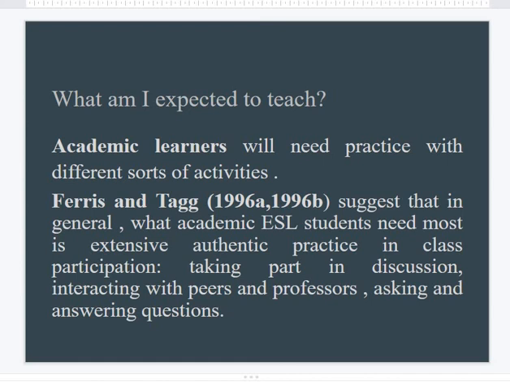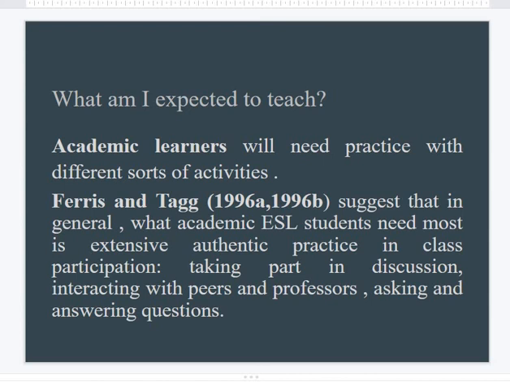According to Fries and Tag, in general, what academic ESL students need most is extensive, authentic practice in class participation. The more practice opportunities and activities you give your students, the more exposure you are providing them. In this way, you are polishing, improving, and developing their skills.